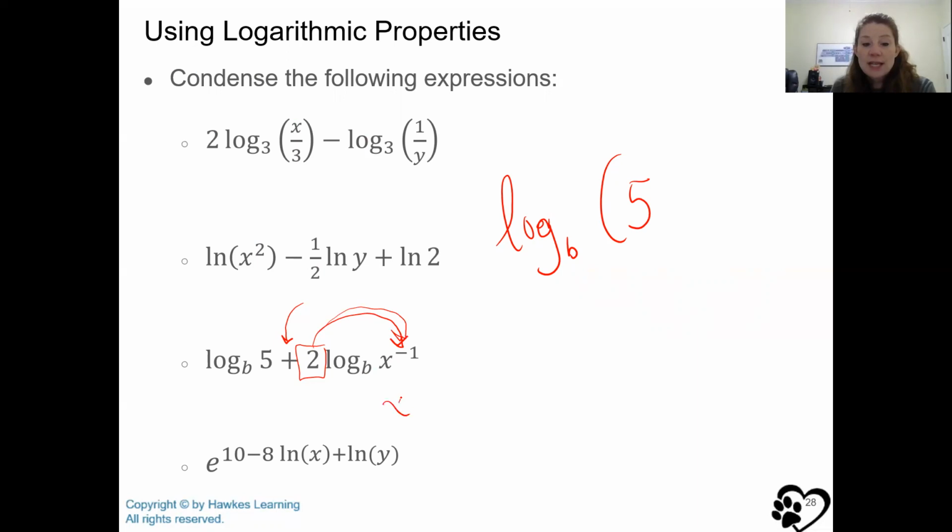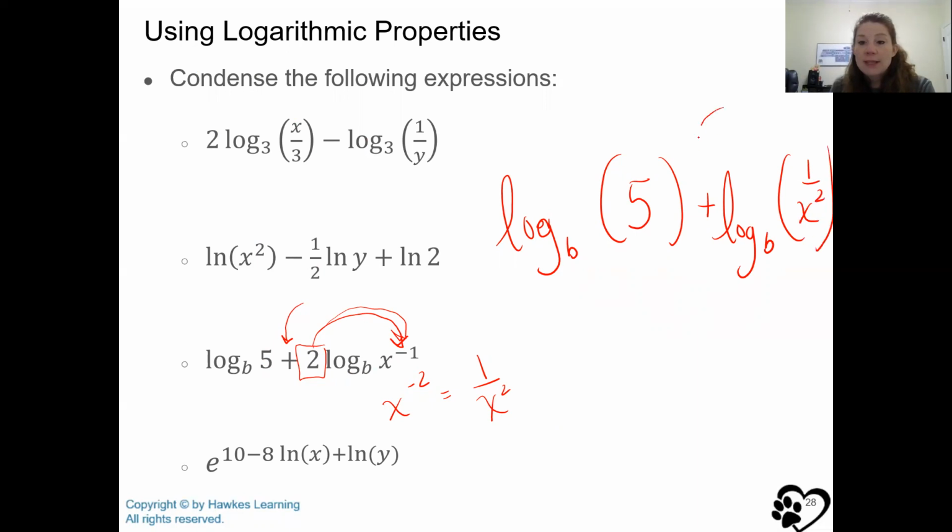Well, 2 times -1 is -2. So a number to a negative exponent makes that jump down to the bottom. Okay, so if we multiply 5 times 1 over x squared, well, let me write that first. So we're going to write plus log base b of 1 over x squared.